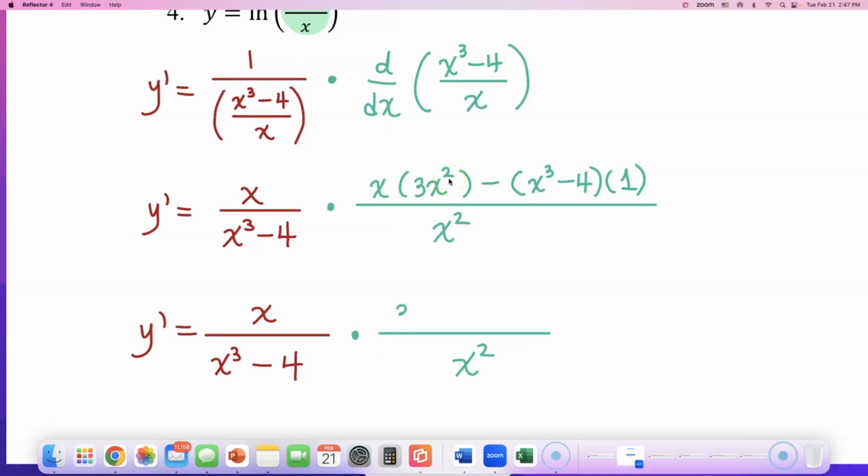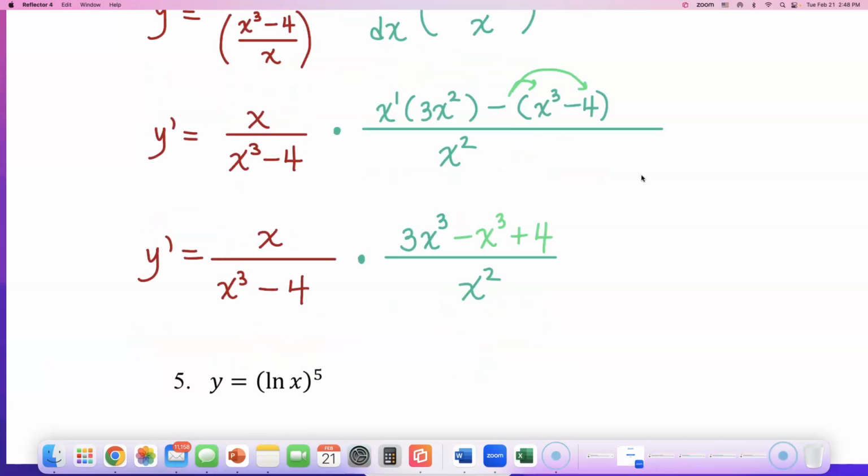That's going to give us 3 times x cubed, okay, because there was x to the first and there's x to the second, so they multiply and give me x to the third. Now this part right there, multiplying by 1 doesn't change anything, so I can just ignore that. But let me get these out of this parenthesis at least. Okay, I'll go ahead and distribute this negative 1. So I'll get minus x cubed plus 4.